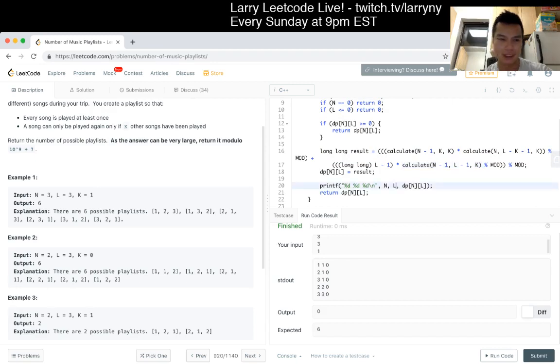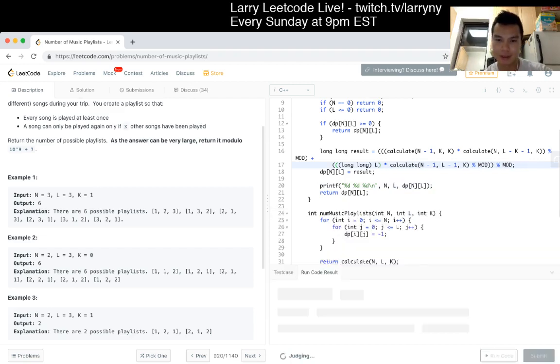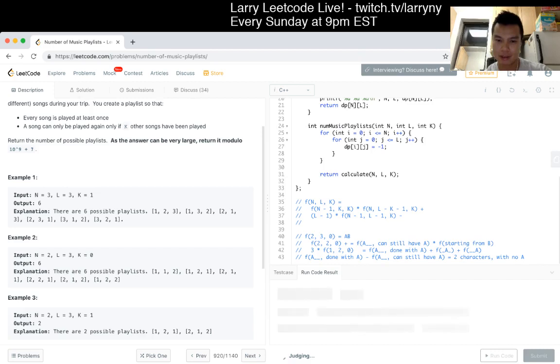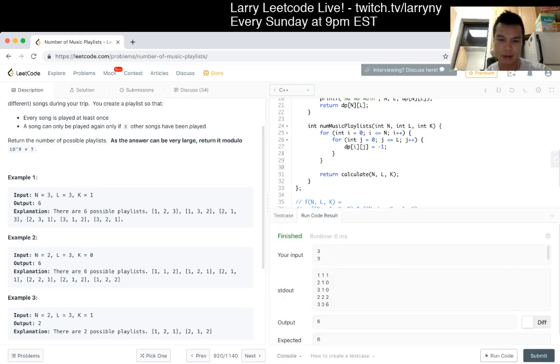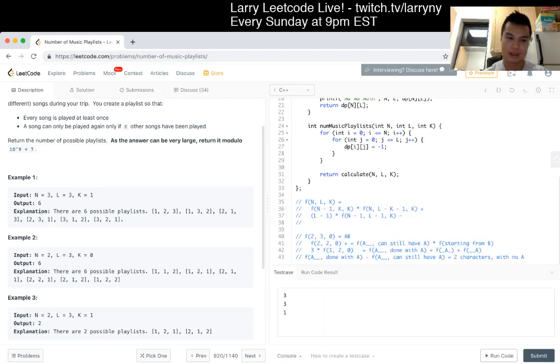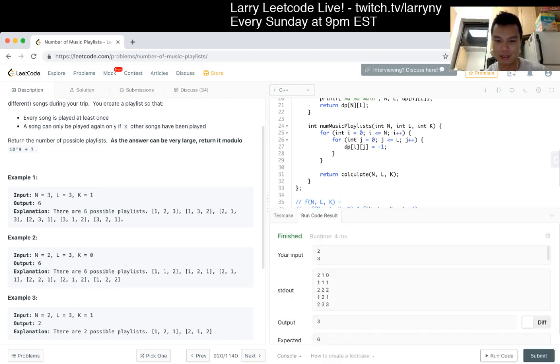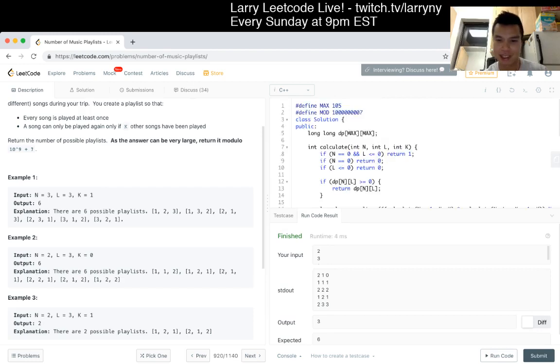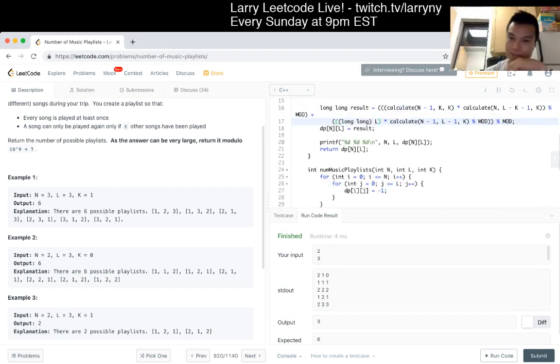Oh, and L is there's but I don't know how I feel about it. Well, we'll see if it's right first. Nope. Okay, so at least that's undercounting, not overcounting.